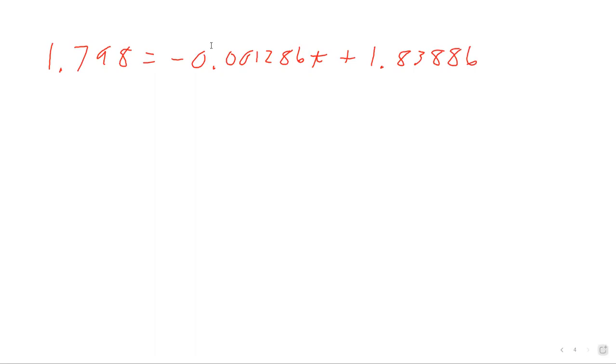And now subtract our 1.83886 over. And it's going to be a negative. And that is 0.04086.